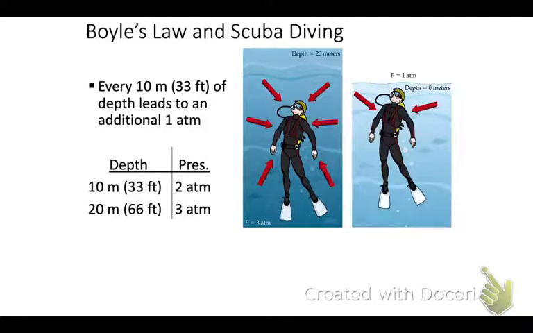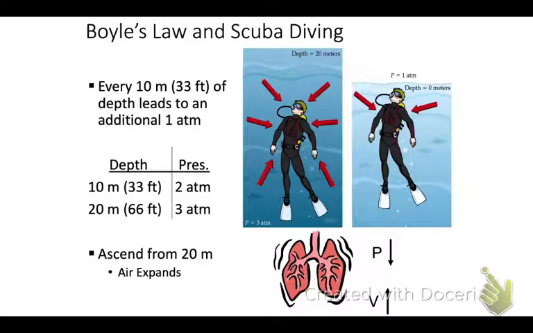So that might actually cause the lung to have an explosion, and that definitely will cause death. So this is why the first lesson in scuba diving is normally please ascend slowly. You can't just be at the bottom and then come up very fast, because that will be a significant change in pressure that the lung is experiencing.